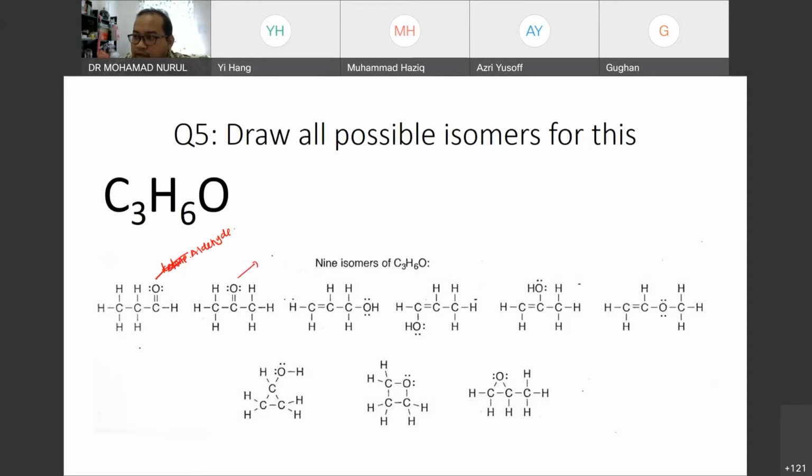And this is the ketone. And this is an alkene with an OH functional group. And this is also an alkene with an OH functional group, but the position of the OH is different. And together with this one.